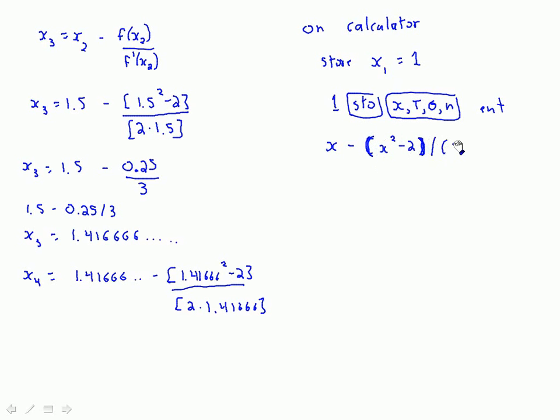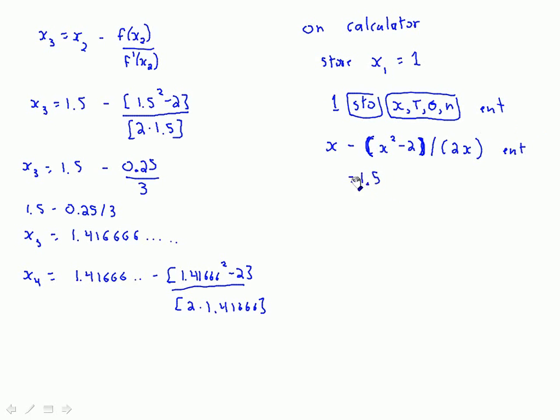So x minus, open bracket, x squared minus 2, which is the original function, divided by the derivative, which is open bracket 2x, close bracket. And if you press enter, it will do the calculation with that x value of 1. And you should get it equal to 1.5.